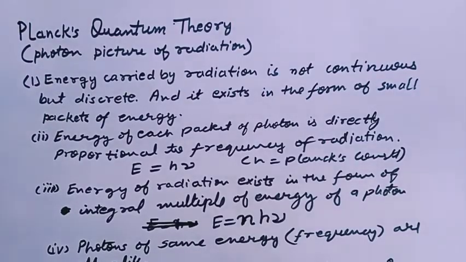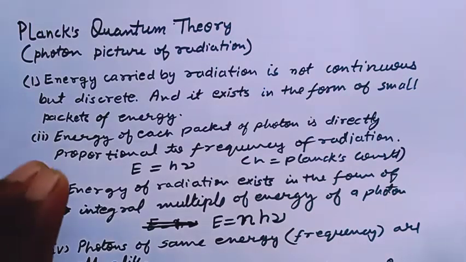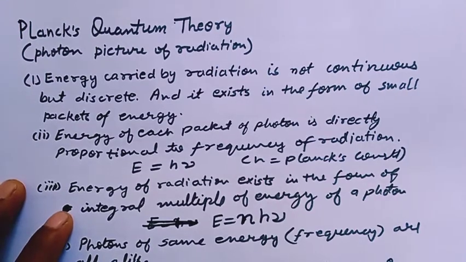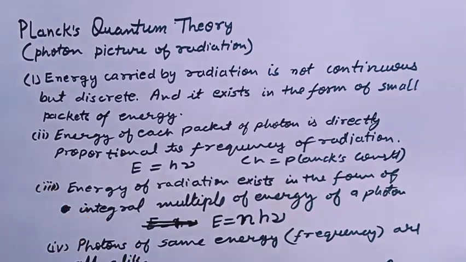So here is Planck's quantum theory, and you just need to be aware of it. No need to memorize these things, but you need to be aware of it. So, the photon picture of radiation mainly. First thing, energy carried by radiation is not continuous, meaning it cannot be infinitely divided, but is discrete.